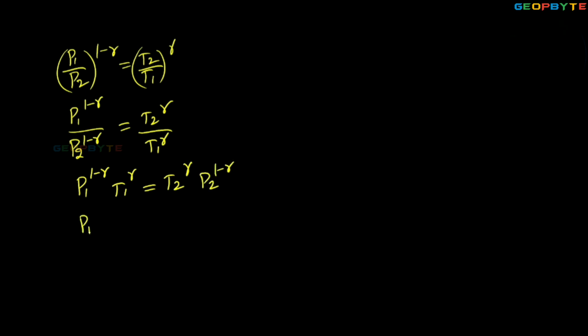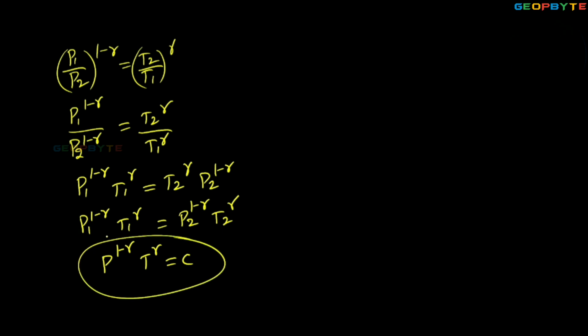Let me write it orderly: P1 power 1 minus gamma, T1 power gamma equal to P2 power 1 minus gamma, T2 power gamma. So from this I can write that P power 1 minus gamma, T power gamma equal to constant. This is also an adiabatic relation in terms of pressure and temperature.